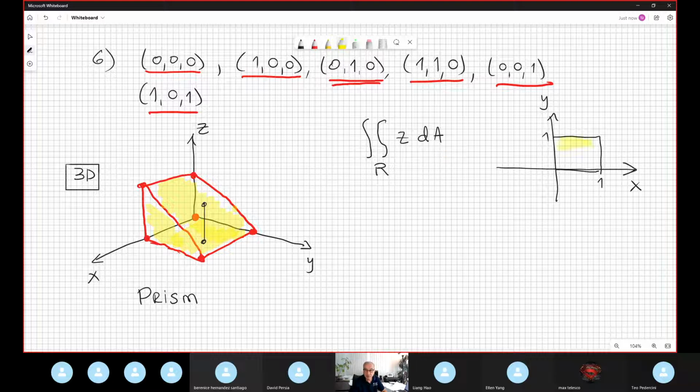Okay, entonces this double integral is super easy. The complicated part, not complicated, but a little bit new, is to determine the z. It's the z of this plane.